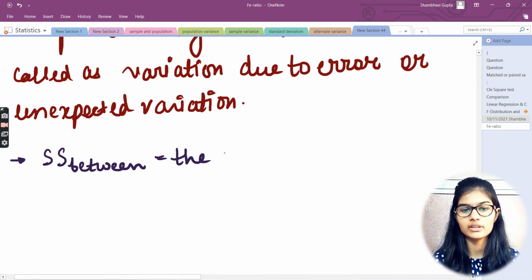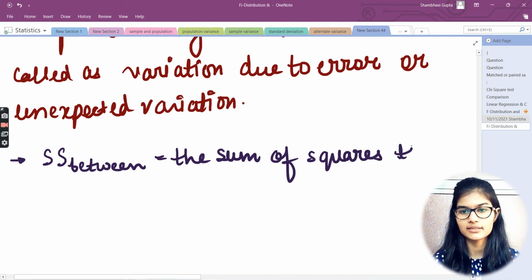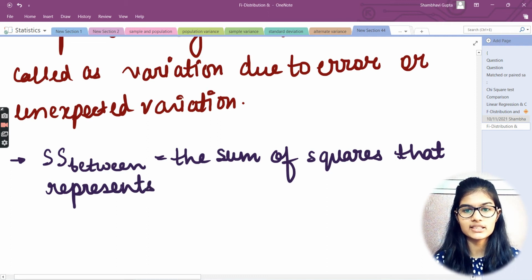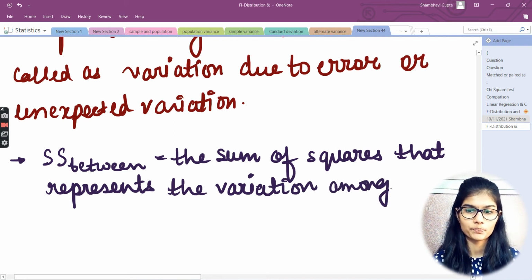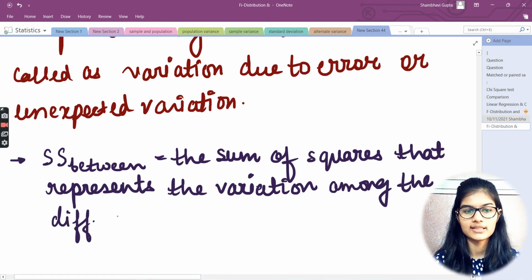So into that we have the sum of squares. SS between is basically the sum of squares that represents the variation among the different samples.